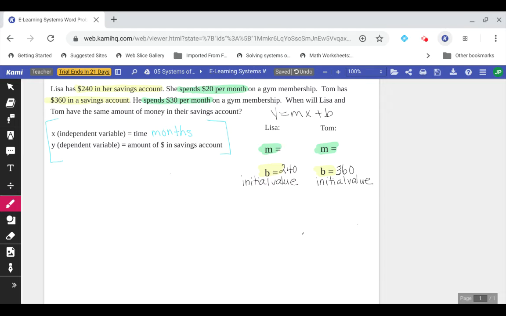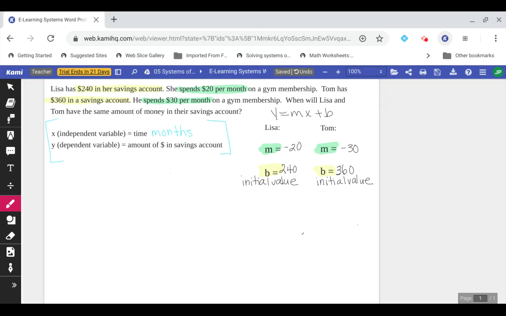Lisa spends $20 per month. The per month is what gives it away, that it's the rate of change. Since she's spending money, her slope is going to be negative 20. Tom is spending $30 per month, so his slope is going to be negative 30.